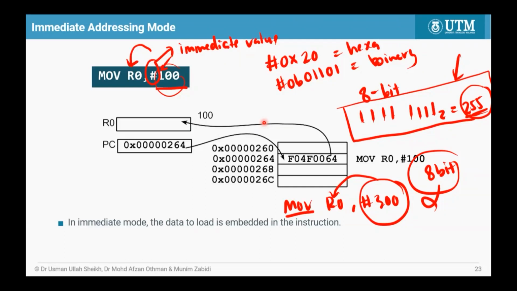This is the instruction, and this is the instruction after it is decoded to machine code. The CPU knows that you're going to load this value 100 and put it to R0. After you execute this line, the value 100 will be stored inside R0. Of course, you need to change the 100 to a hexadecimal value first, and then you can store it to R0. Why? Because the value inside your register is always a hexadecimal number.